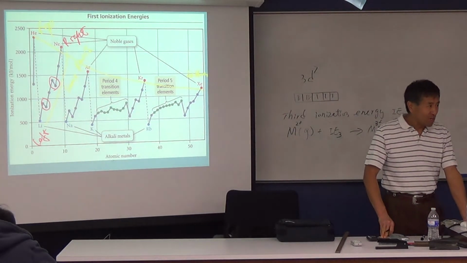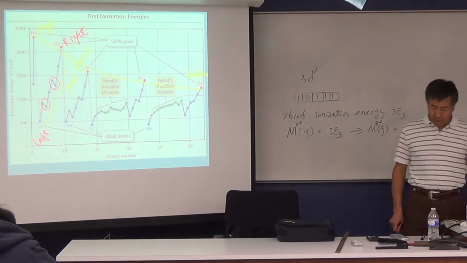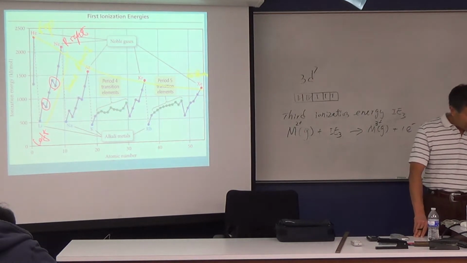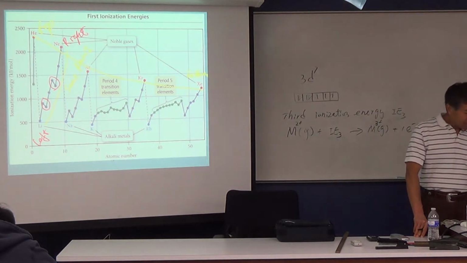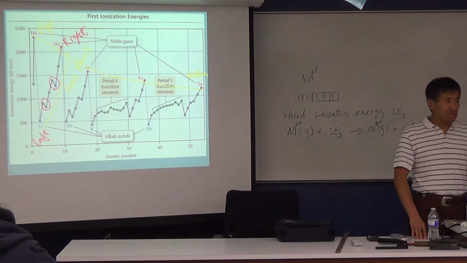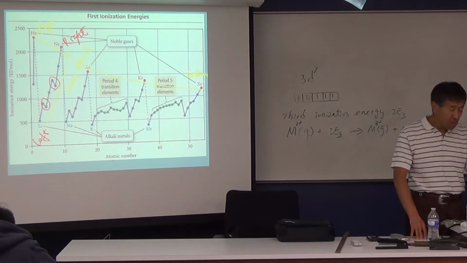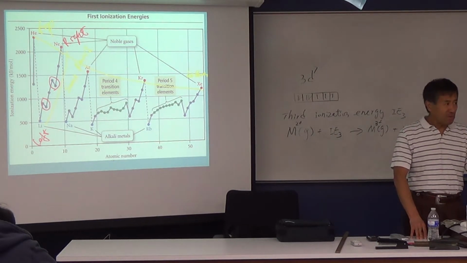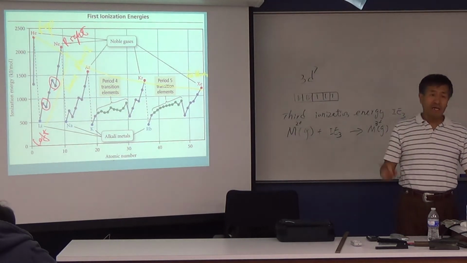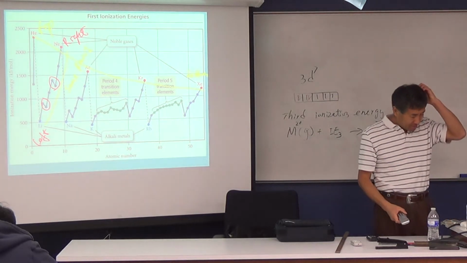On the left side, the atom is bigger in general, so it's a little easier to remove the electrons, and therefore the IE number is a little lower. And in general, for the atom on the right side, the radius is smaller, so it's more difficult to remove the electrons, and so that is the pattern.